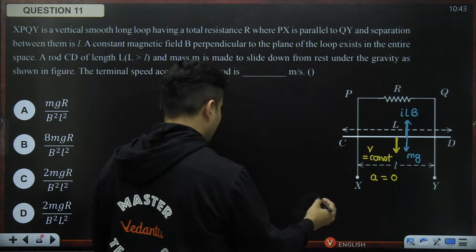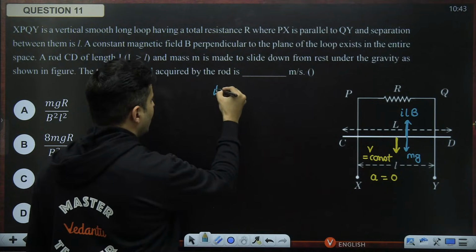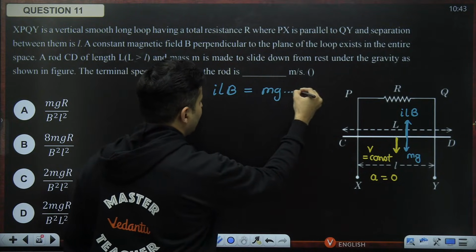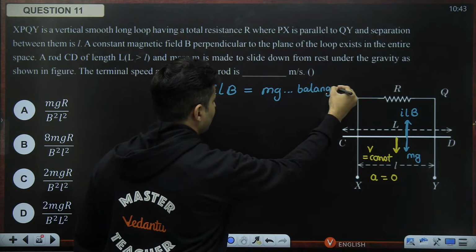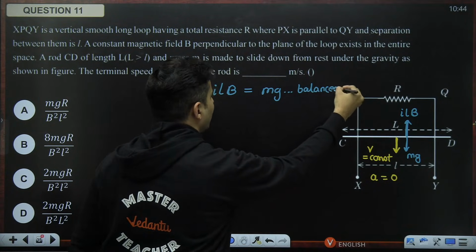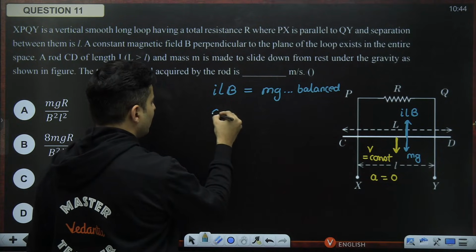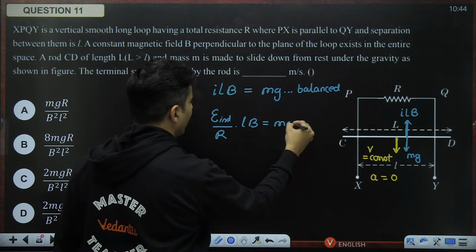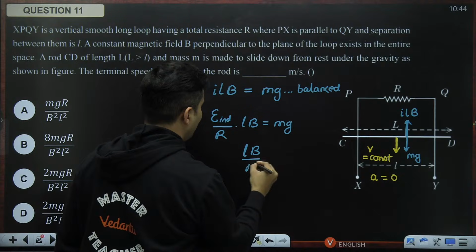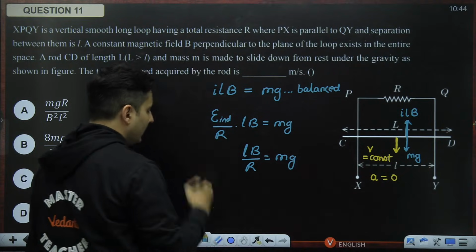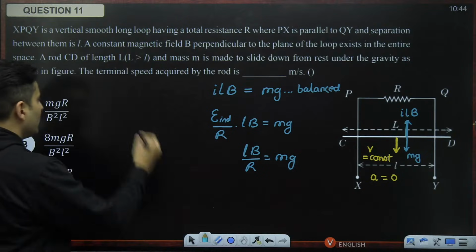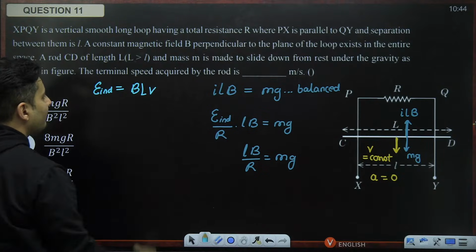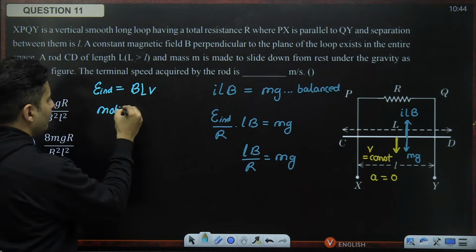So therefore, the ILB force will be balanced by mg. Current is nothing but the induced EMF divided by resistance. So E into L into B divided by R is equal to mg. Only thing remaining is E induced. For E induced, it will be nothing but BL into V. This is nothing but your motional EMF.